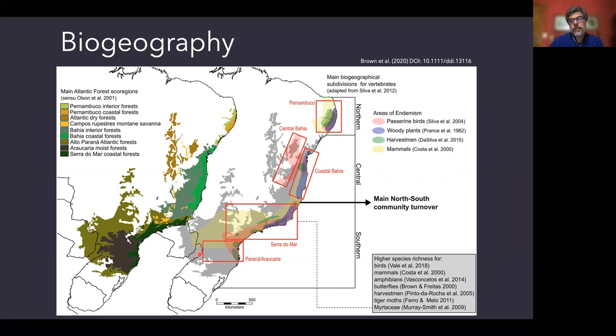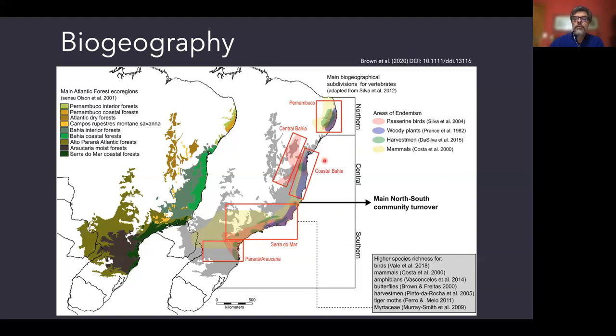And then you have the Paraná Araucaria center of endemism, which has species from the coast all the way to the inland. Okay, so that's kind of the southern component. So there's a southern component, a central component, and a northern component. These components are common features for many different species of plants and animals.